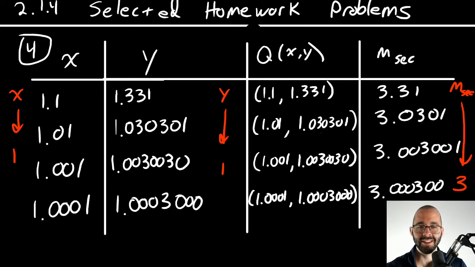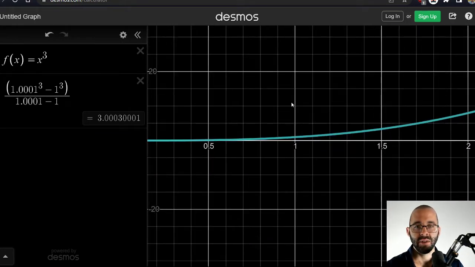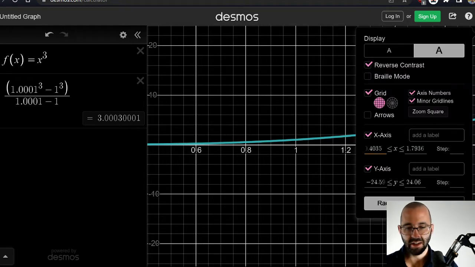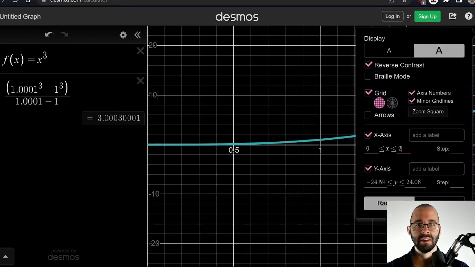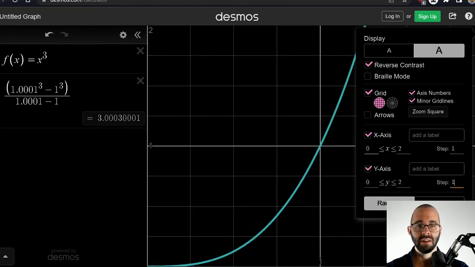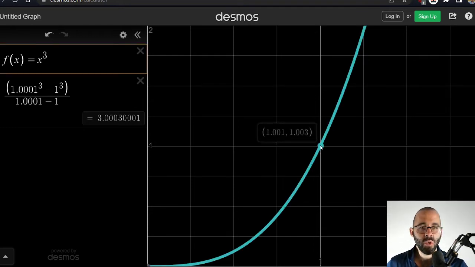All right, this basically just means if we're looking at a cubic function, and here, let's get our x and y axes more normalized, as we're looking at a cubic function and getting really close to the point 1, 1, our secant lines have implied that the slope of this function right here is about 3.